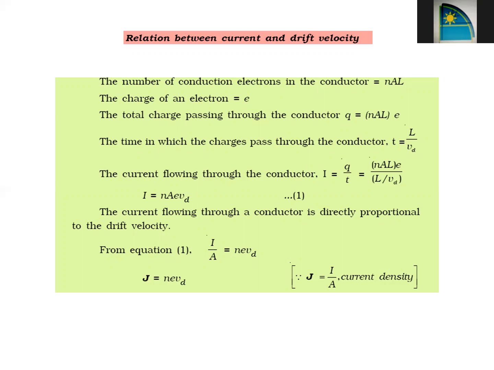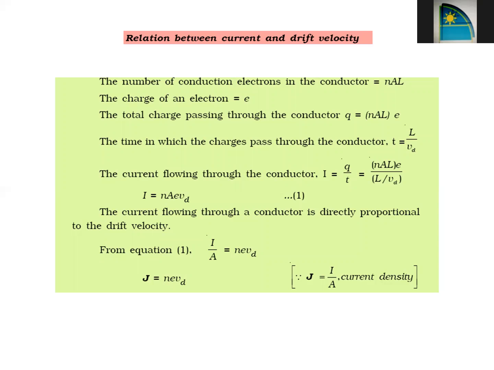Now we don't know the direct relation between drift velocity and the charge, but at least we know that velocity is equal to distance divided by time. So in this case, I will rearrange the equation in such a way. You can see by equation number 3, t will be written as distance divided by velocity.